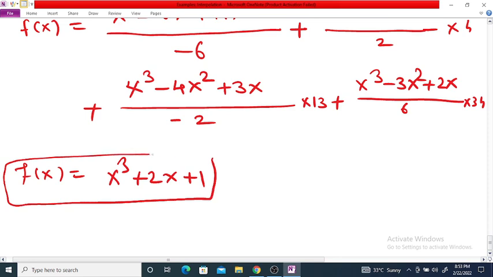So this is the polynomial using Lagrange's interpolation formula.